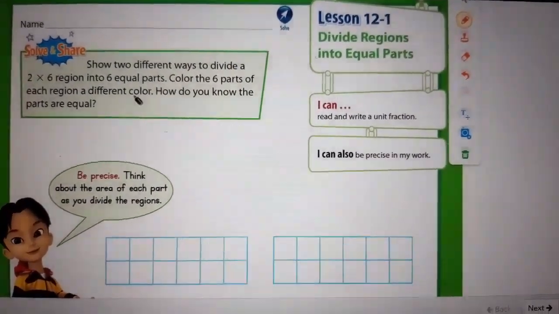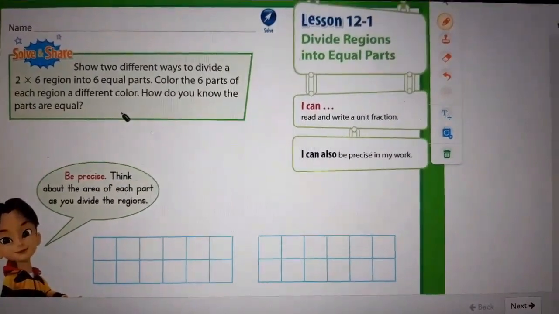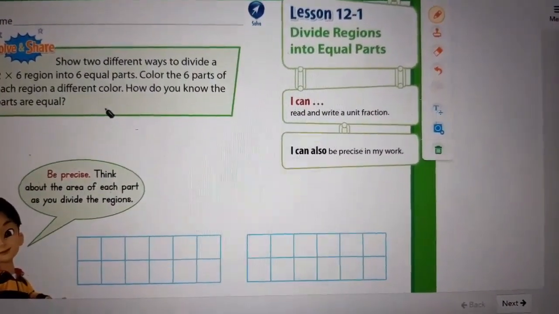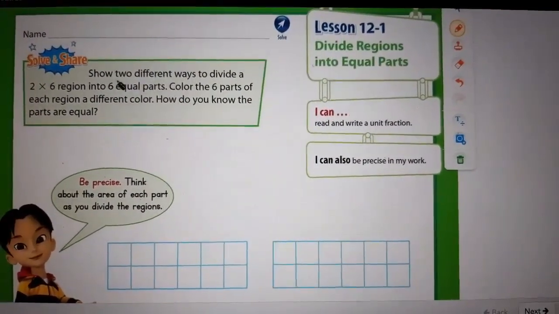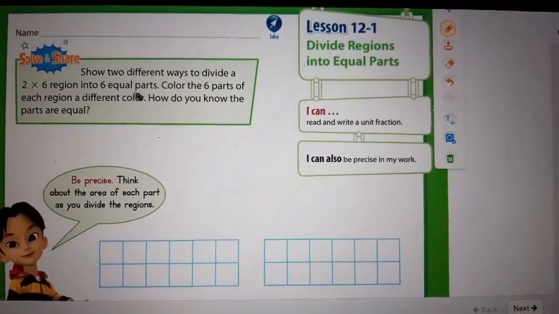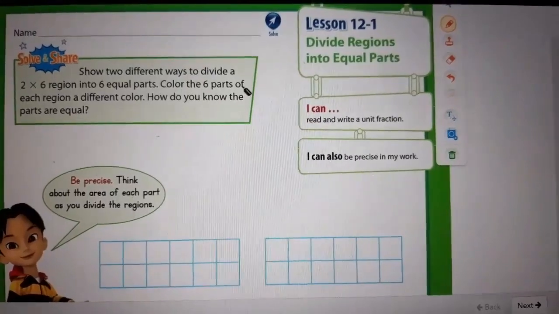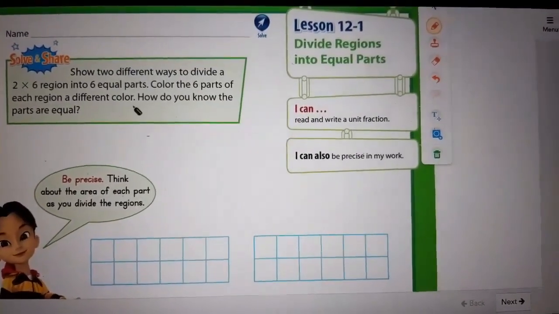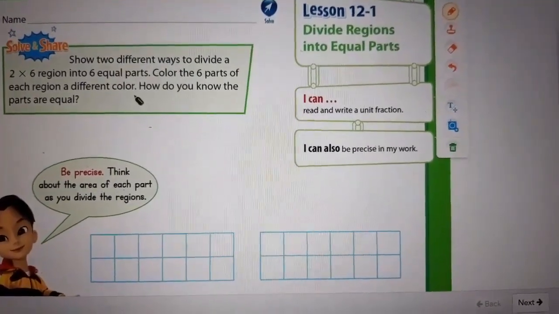And I also want you to do the 3-read that Miss Fisher taught you and that we've also implemented in the classroom. So it says show 2 different ways to divide a 2x6 region into 6 equal parts. Color the 6 parts of each region a different color. How do you know the parts are equal?